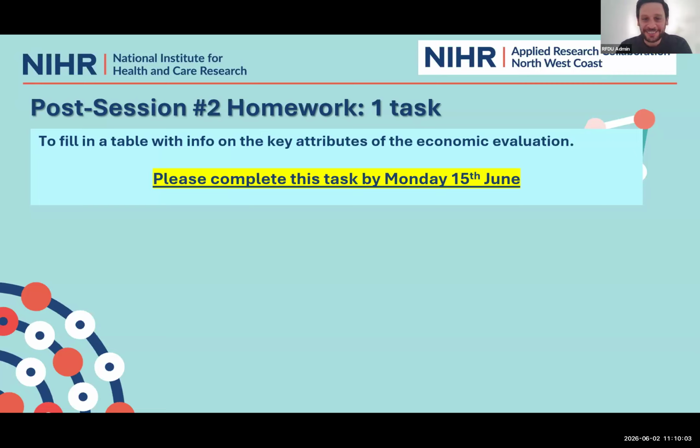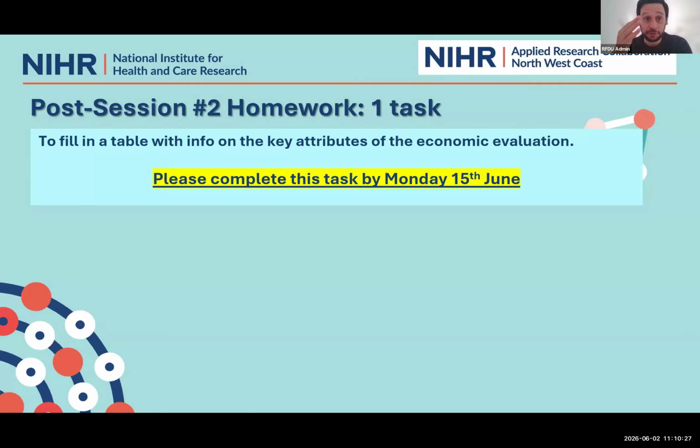So you got one task now, which is to fill in a table with info on the key attributes for economic evaluations. So today we went through quite a few concepts regarding the economic evaluations, and what we're going to ask you to do is look at your paper. So you got a PDF on Teams. If not already today, tomorrow will be there.